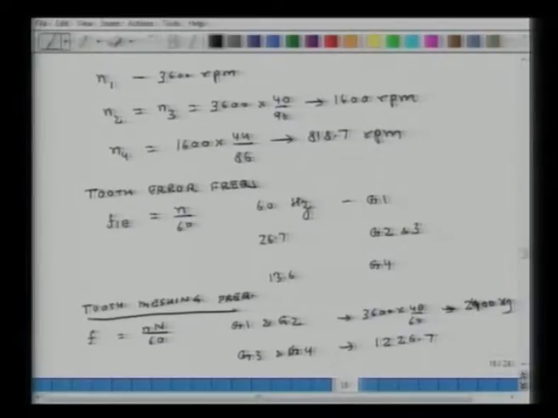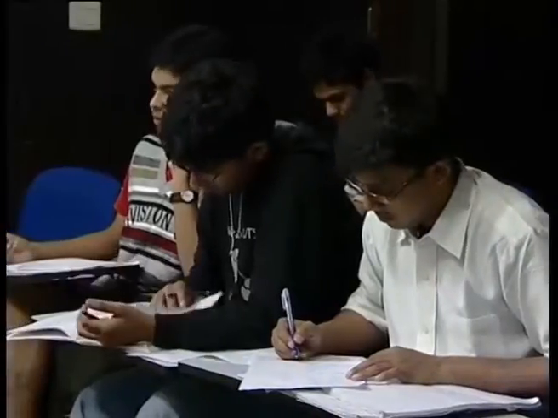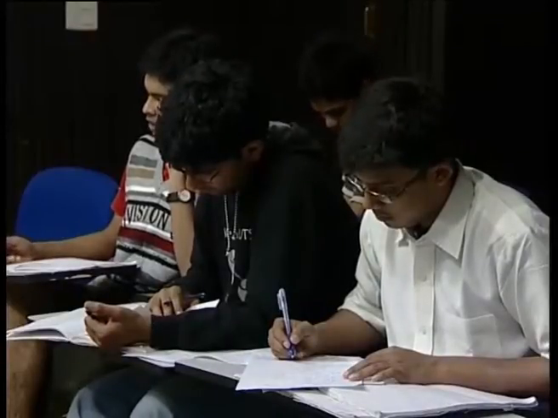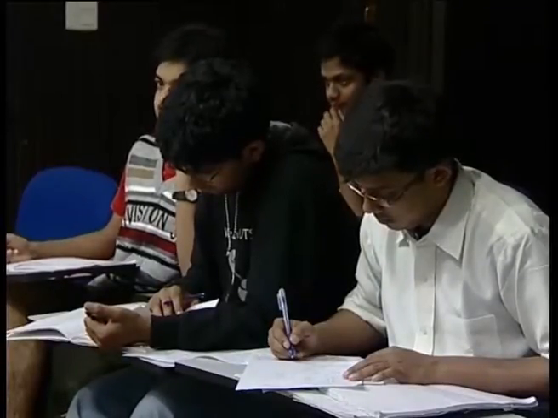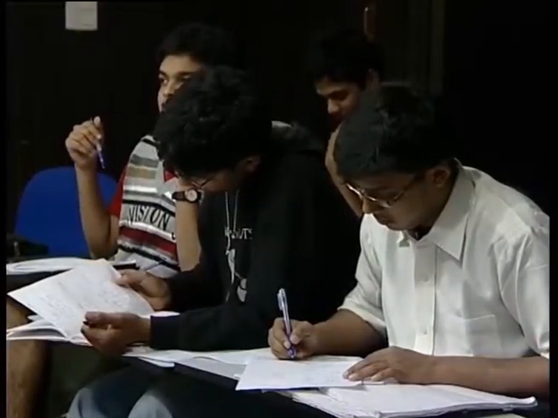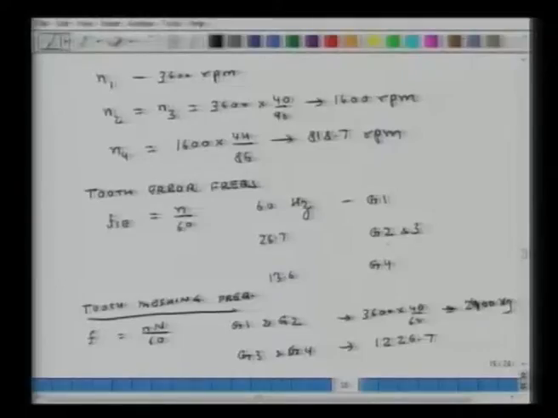Do these numbers tell you some story? So tell me. The tooth error frequencies of gears 2, 3 and 4 are giving the first two peaks, 14 and 27 hertz. For 2 and 3 it's 26.7 and for 4 it's 13.6. Yes.